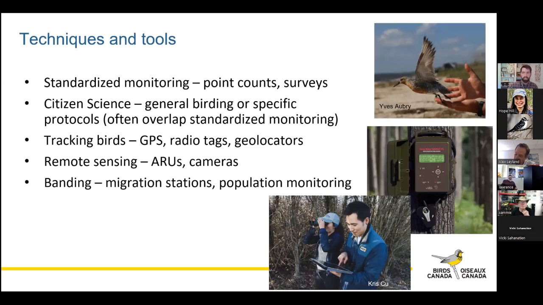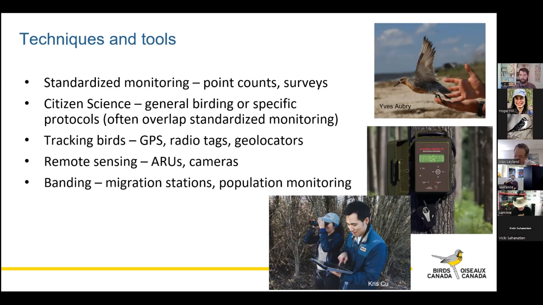And so the techniques I'm going to talk about today include standardized monitoring, so things like point counts and area-based surveys; citizen science, which often has a lot of overlap in terms of protocols with standardized monitoring, but is often simplified in ways that more people are able to do it.